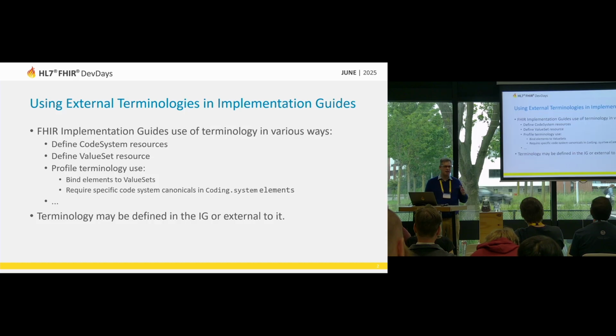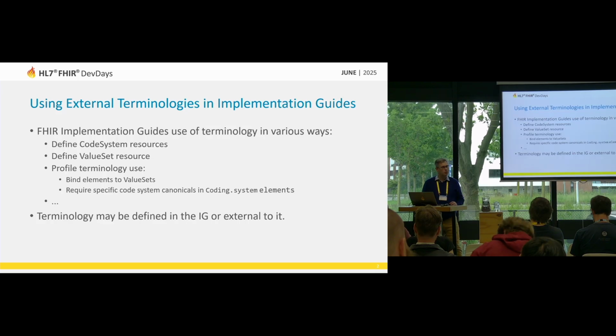This is kind of an intermediate level talk. You don't need to be an expert in terminology or implementation guides, but you should be comfortable with everything I've just said. Also, I'm approaching this as a user of the HL7 IG publisher. I imagine FHIR Simplifier users are also going to encounter these challenges, but I don't have that experience.